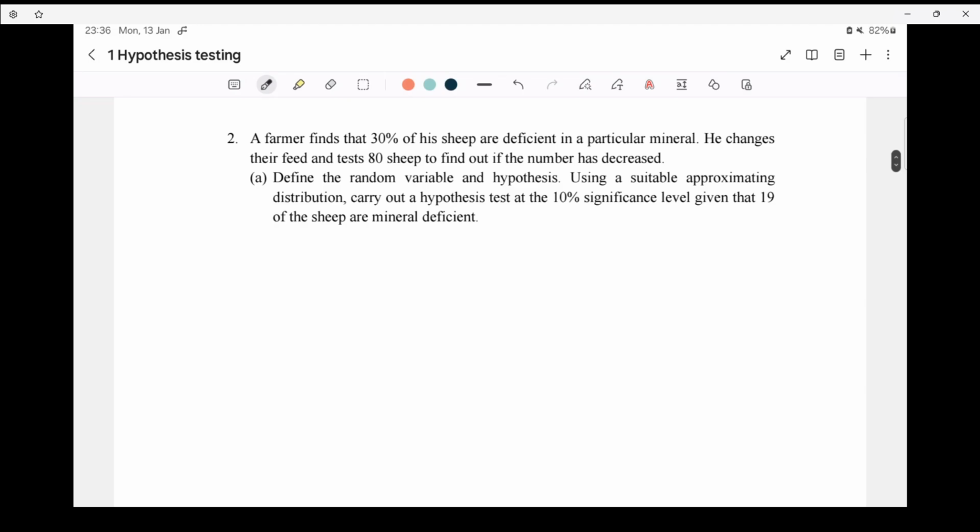So the first thing that you need to do is to define your random variable. This will be the number of sheep deficient in the mineral.